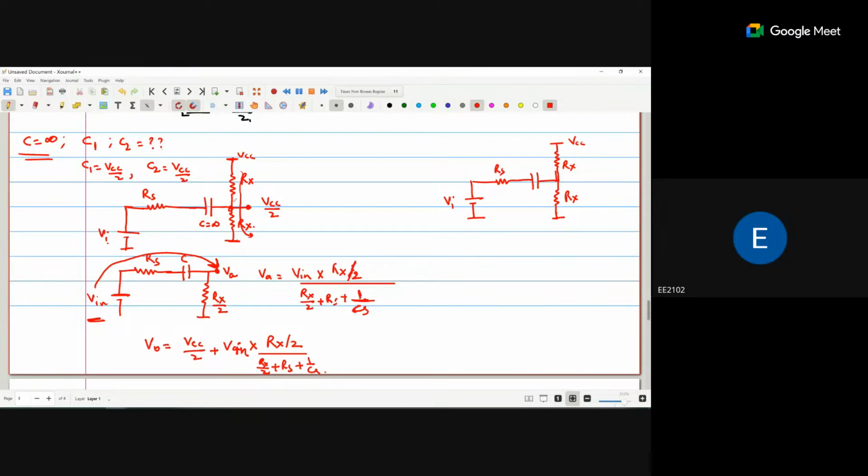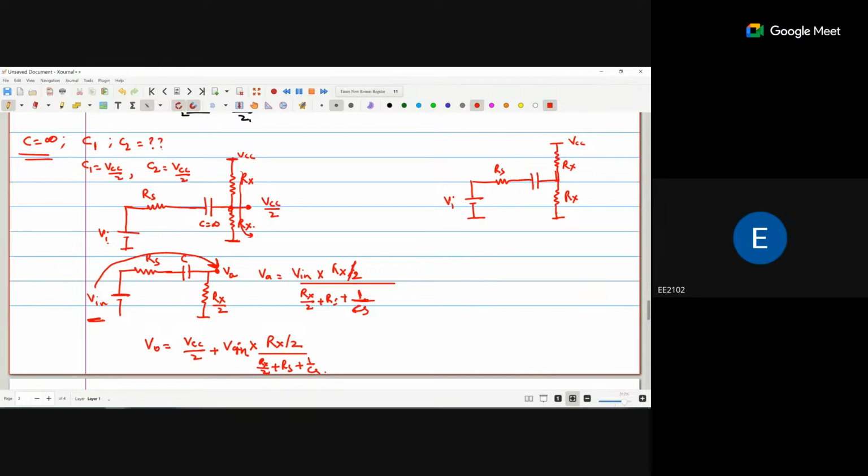Yes, anyone? How do we calculate the time constant? I think you already covered that in ESTC and EEC. Yes, sir, I forgot the formula. That is basically charging and discharging: 0.693 into R1 plus R2 times C, or basically RC.